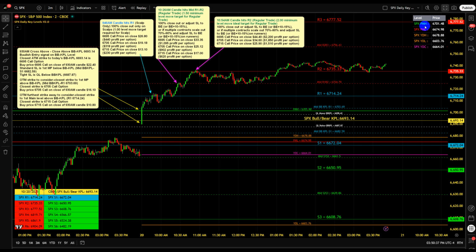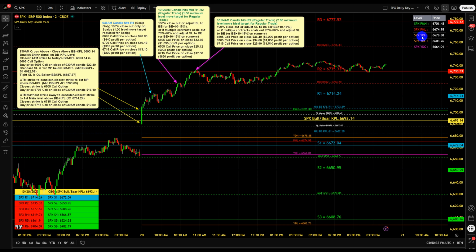So here we have the SPX adjusted pre-market high, which is going to be 67.0148 for today. Here's the pre-market low, 66.7498.